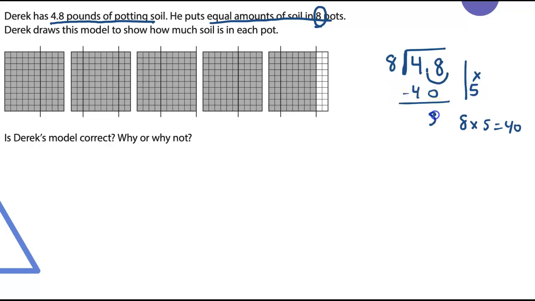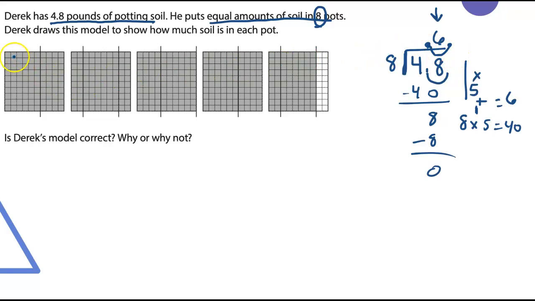I subtract and I get 8. What goes into 8? 1 does. 8 times 1 is 8. I subtract, and I get a remainder of 0. Now I can add this 5 and this 1 to give me a quotient of 6. Because my decimal's here, I've got to move it back because I didn't do it to the divisor. So I know now that he's going to have 6 tenths in 8 groups.